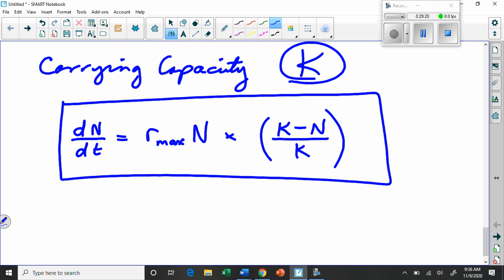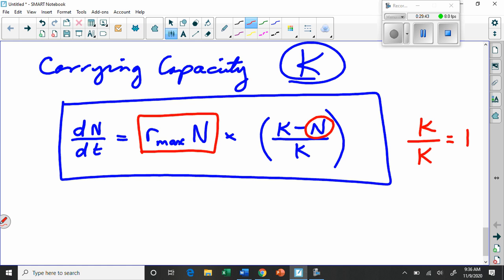There's not much stopping them. Look what happens to this. If this little N right here is a very tiny number, then that is essentially just K over K. K minus almost nothing is pretty much still K, right? And so that turns into a 1, which makes this factor a 1, which doesn't affect anything, and brings us back to our original exponential growth equation for small populations.